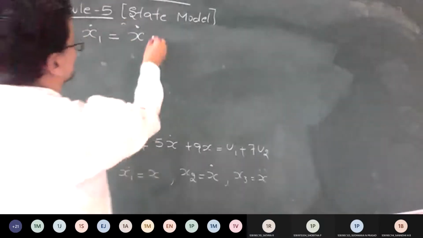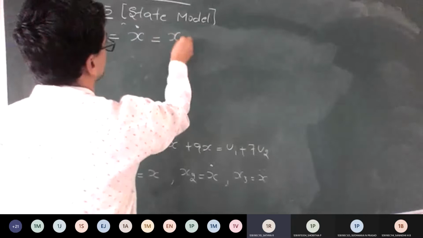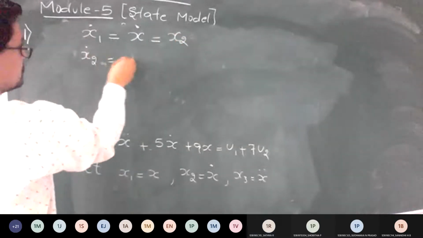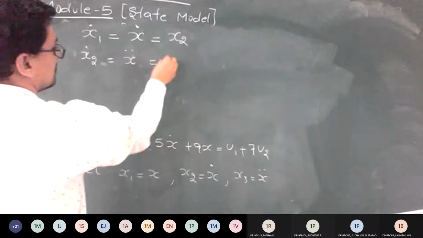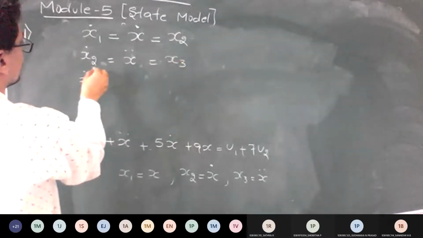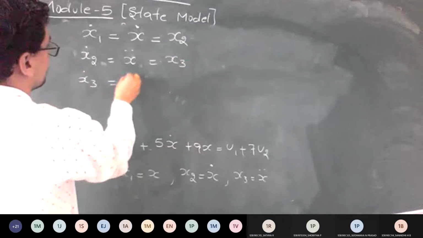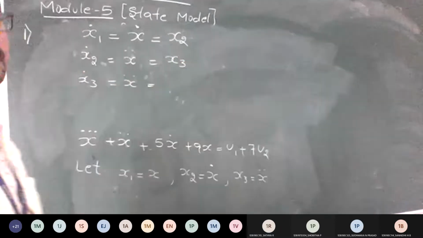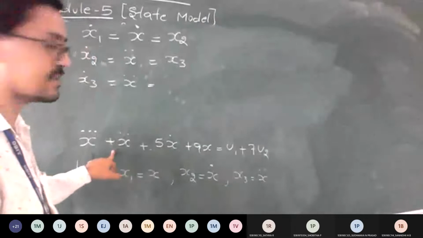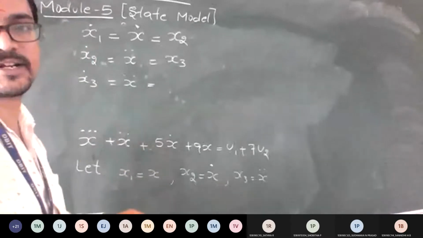So what is x2 dot? x double dot, which is x3. Then x3 dot is equal to x triple dot. So this answer you can get from the differential equation we wrote just now. So from this you can clear, right? Everything goes to that side, right?